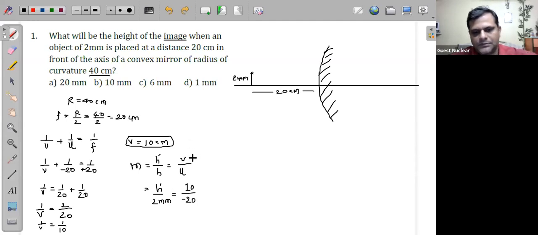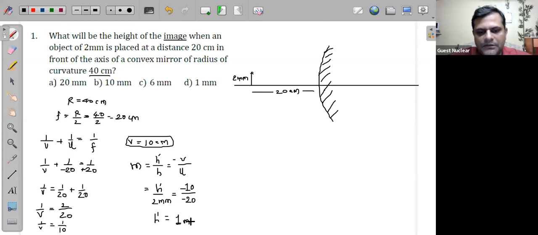Sorry. So ये 0 0 cancel हो जाएगा और h dash becomes actually equal to, the minus sign is already here. And hence h dash becomes actually equal to 2, ये 0 0 cancel, 2 2 cancel, 1 millimeter here.